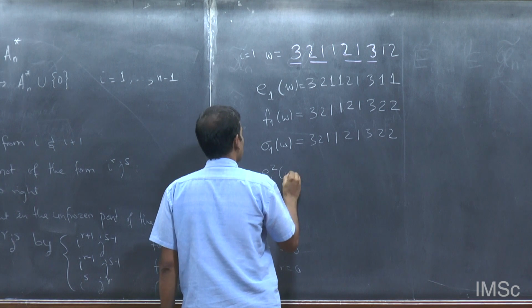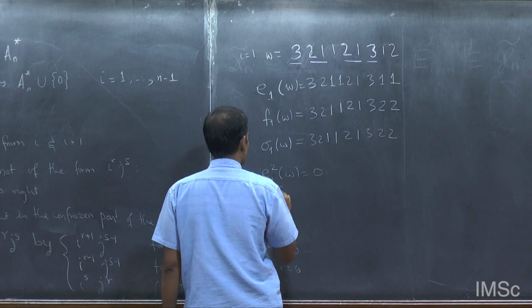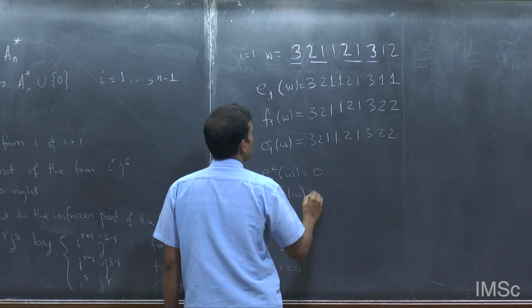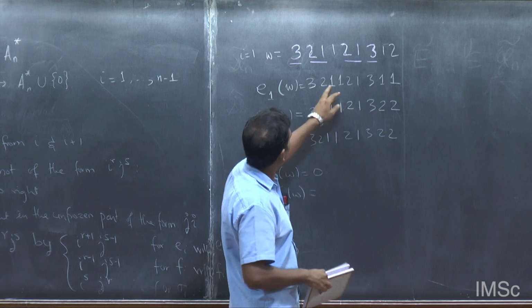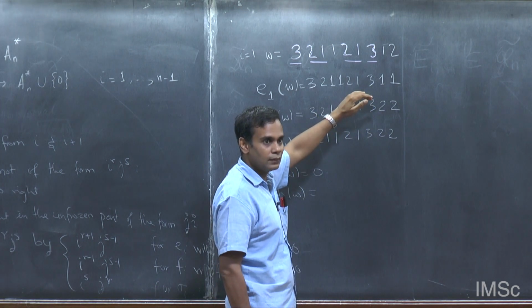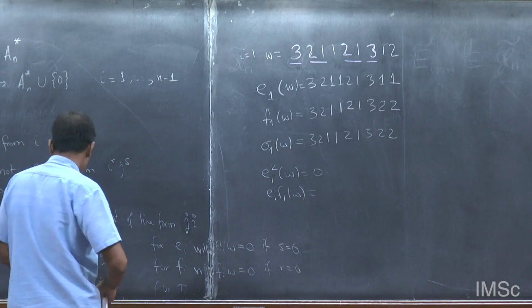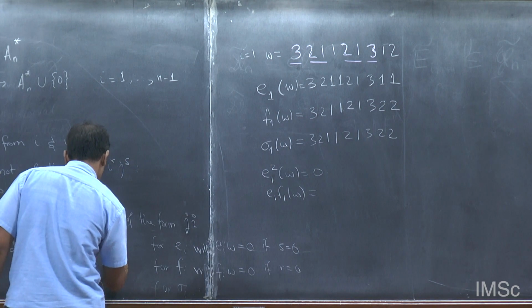E_i squared w equals 0. What about E_1 squared w? What about E_1 F_1 w? So, here I had 1, 1, 1 for E_1, the unfrozen part, right. So, I should change it to, oh whoops, there is a typo here, this should be s plus 1.